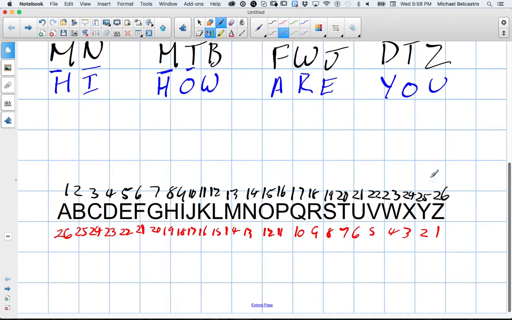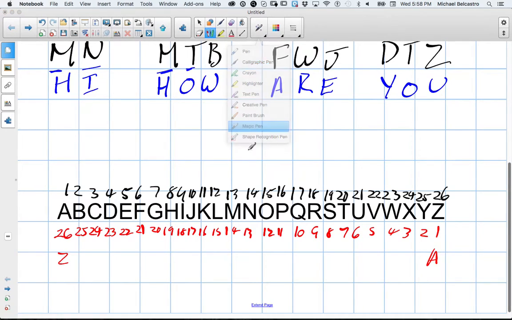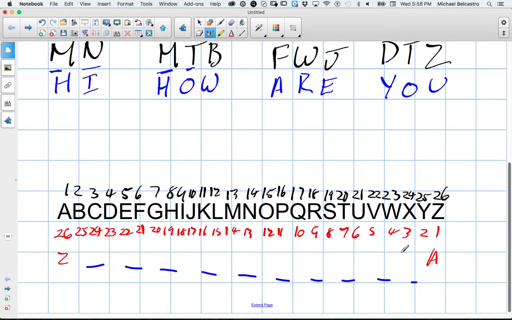So now whatever A is would be Z, and whatever Z is would be A. Now that we have that out, you can fill in the rest of this to figure out the rest of this cipher. So this one's like an inverted alphabet rather than a Caesar cipher.